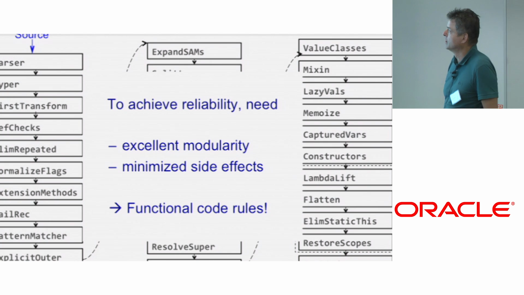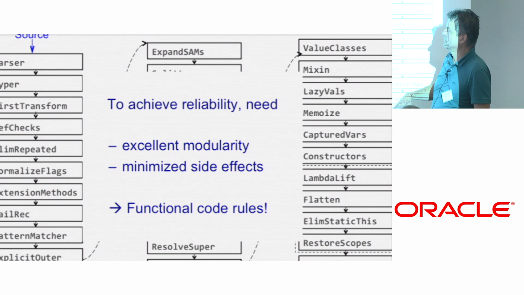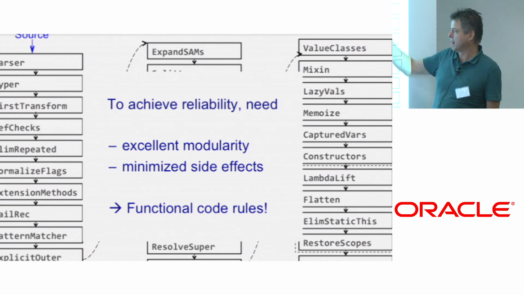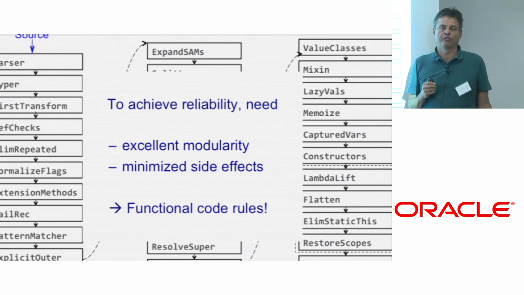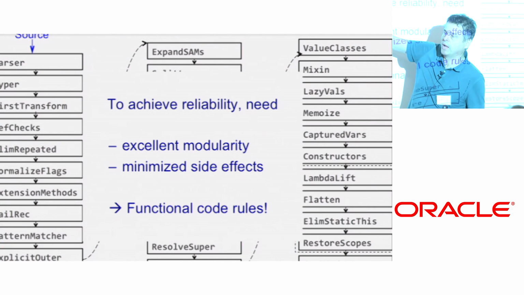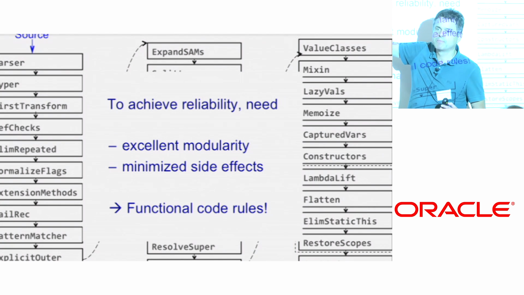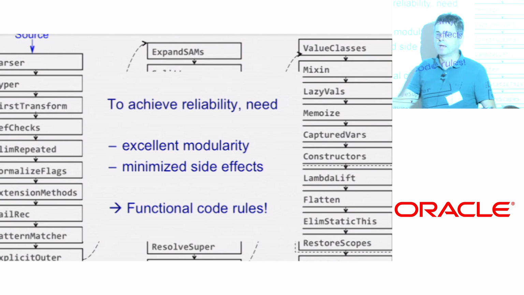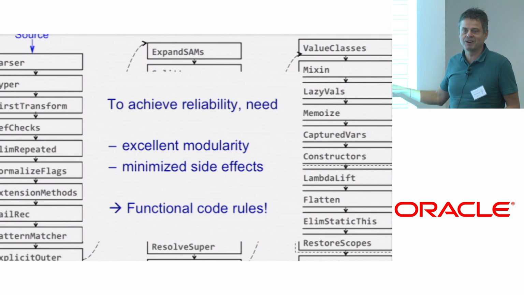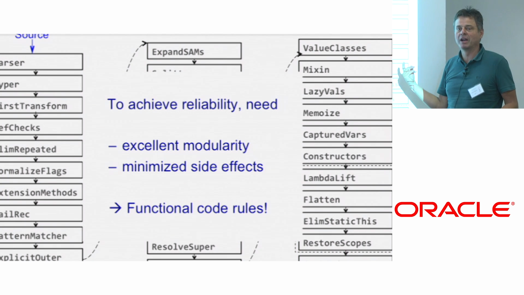So that is of course much harder to achieve good reliability. To get good reliability here, you need excellent modularity, and it should be clear now that you need to minimize side effects. The nightmare bug is that a phase somewhere here introduces something fishy and things propagate, and then somewhere here things blow up. And you say, well, what's the reason for that? How can we trace this back to where it was introduced?